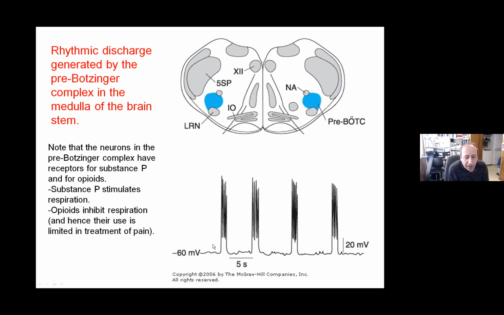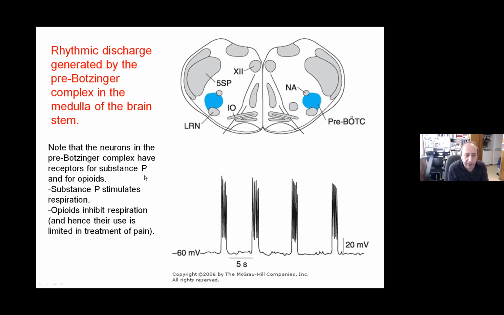Now, some chemicals that control the rate of breathing: substance P stimulates breathing rate. Substance P is excitatory, it's a peptide. Some chemicals that inhibit respiration are opioids. You probably know about opioid overdose.